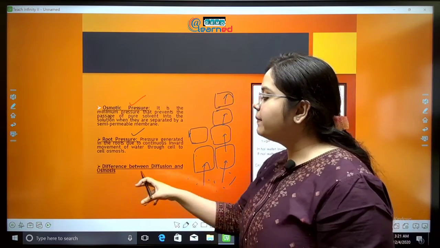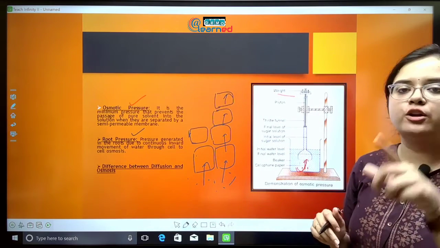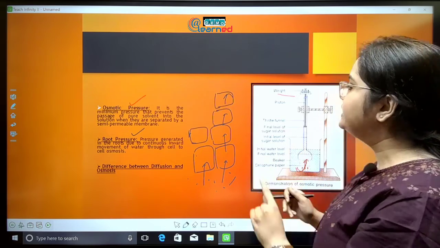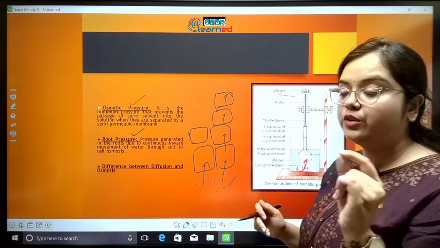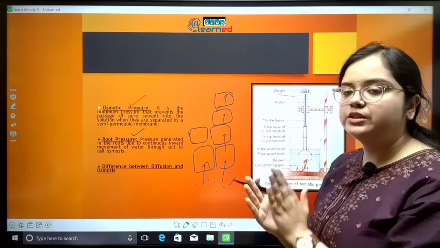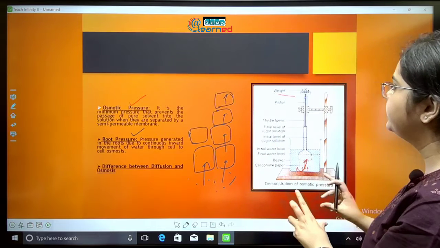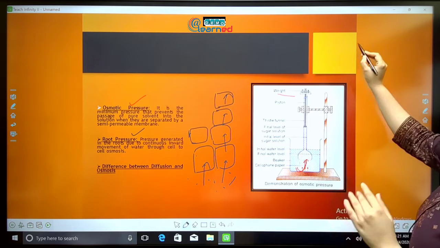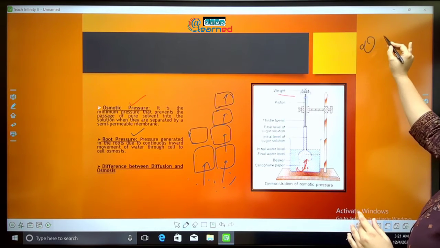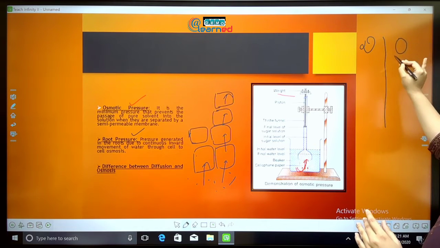And then we talk about that age old question: what is the difference between diffusion and osmosis? When you are writing the differences between the two, the examiners prefer that you present it very nicely. Suppose this is diffusion and I put a line in between, and this is osmosis.